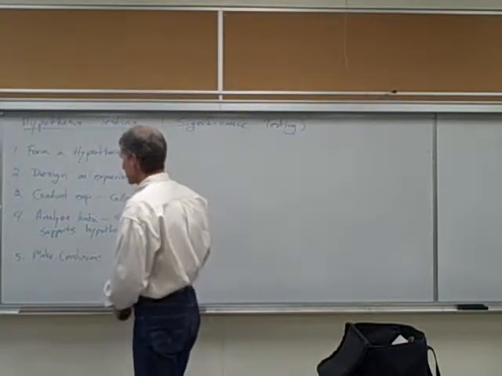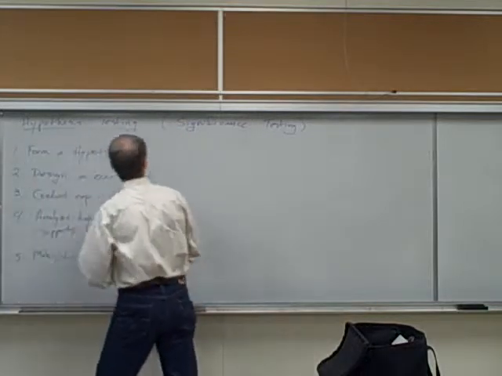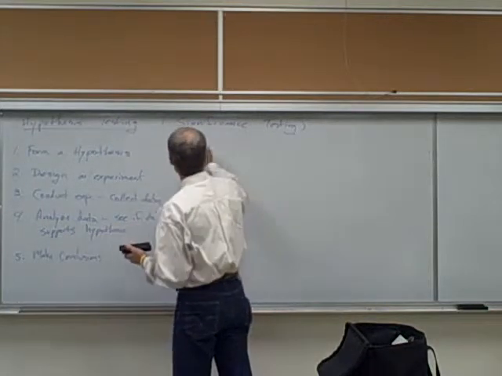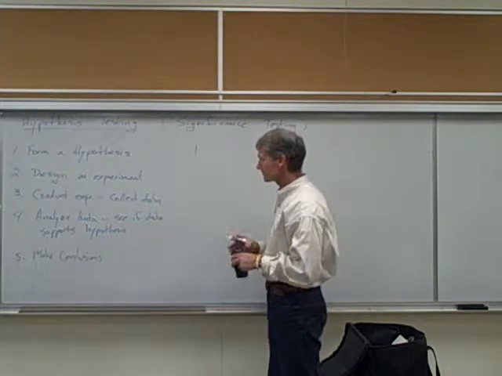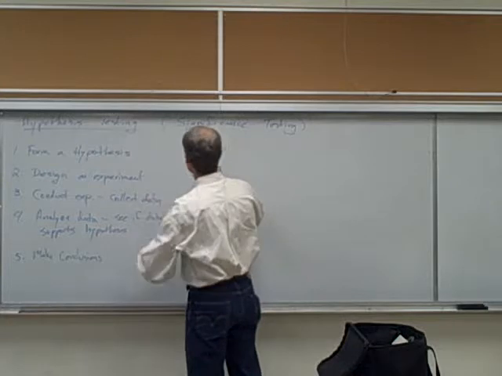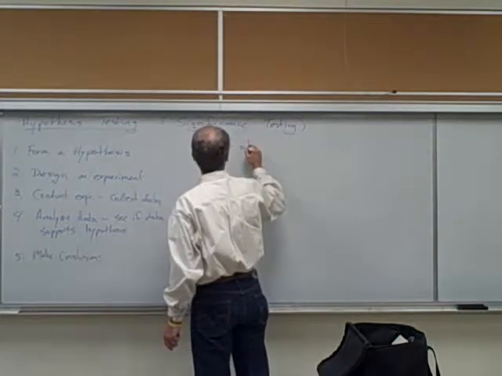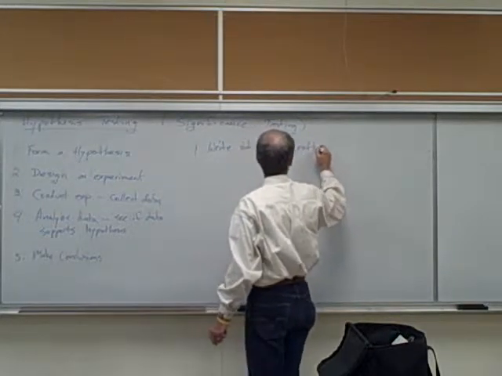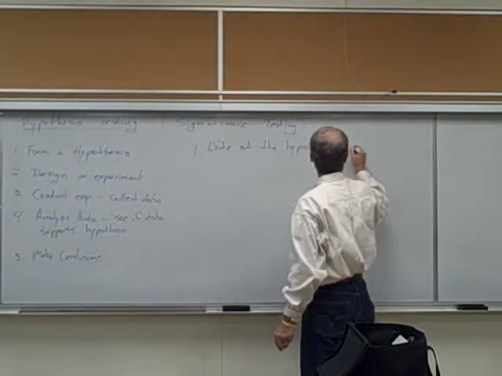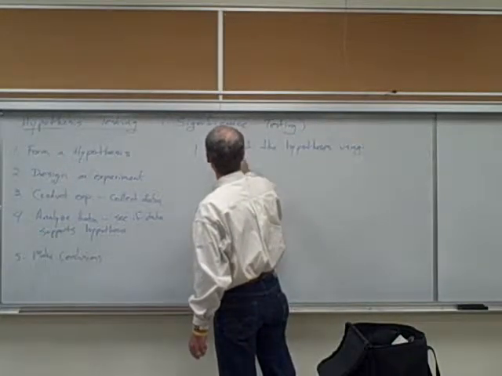Now, just like the scientific method, there are 5 steps that we'll write out for conducting a statistical test of a hypothesis. The first one is identical, only I'm going to say it a little bit different. Write out the hypotheses using mathematical symbols.